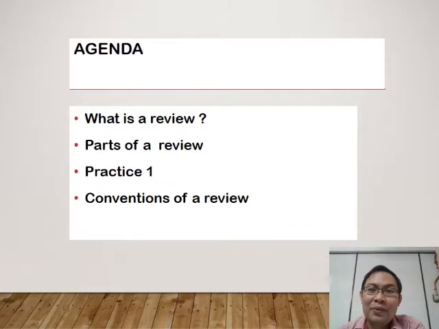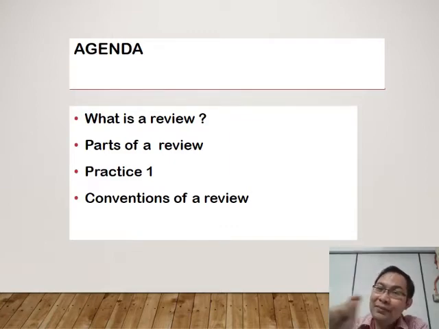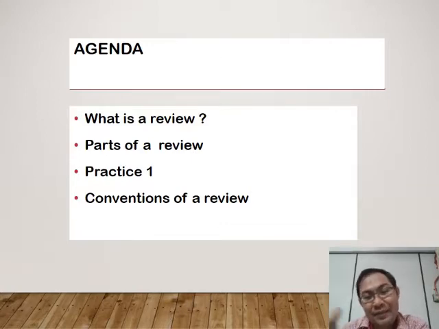We will go step by step on how to write the review. Then we will do a short exercise practice, and later on we will learn about the conventions of a review. Don't worry, there are a lot of difficult words here, but we will take this step by step.